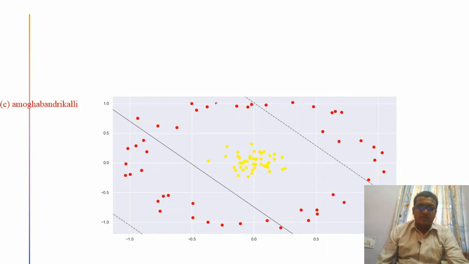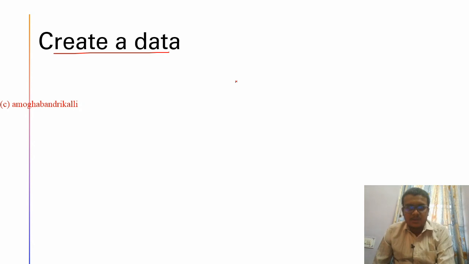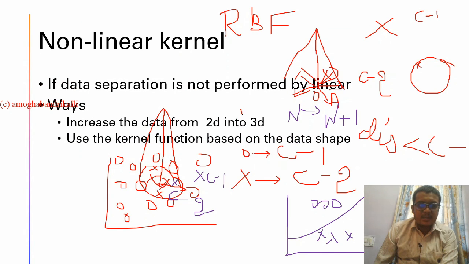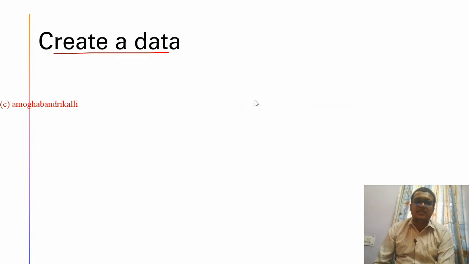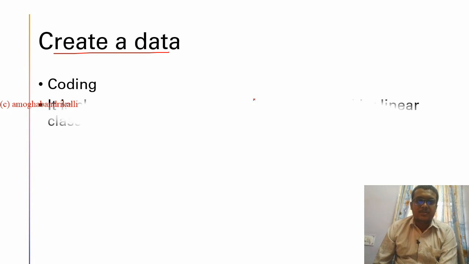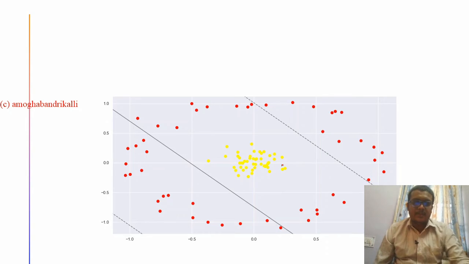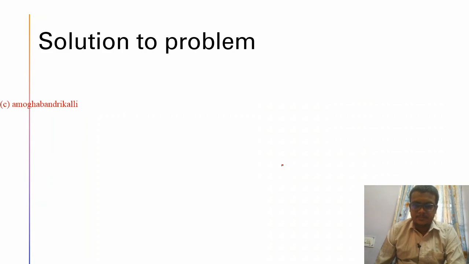So think about how to project this into the third dimension. So now you are going for the first option. The way is increasing the data to the third dimension. Let me see how to do this, by projecting this data.